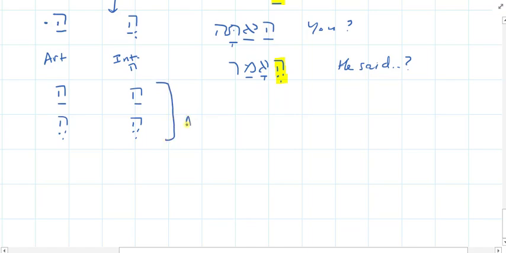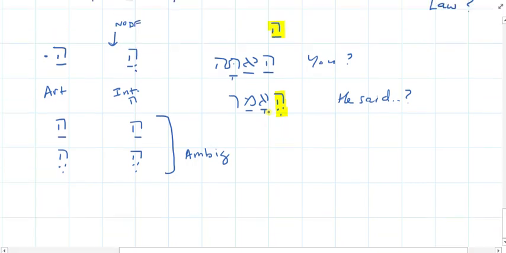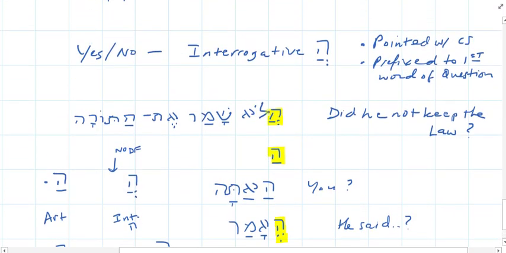So this is where the ambiguities are possible. Okay? Here's the thing. Where does the interrogative hey go? Which word? Yeah, the interrogative hey is going to be prefixed to the first word of the question.